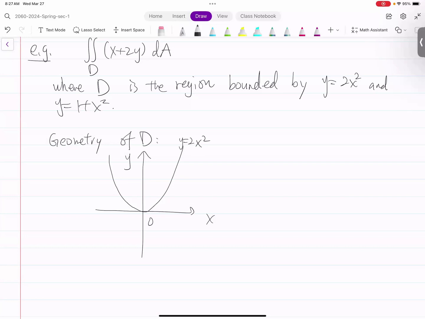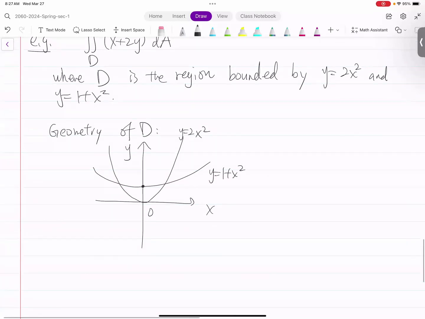But then when x is 0, you have 1 for the other curve, but then the other one is flatter. Okay? So if you look at the shape of this region that's bounded by these two functions, then that's going to be shaded, okay, right here, cut in between, right, closed and bounded.